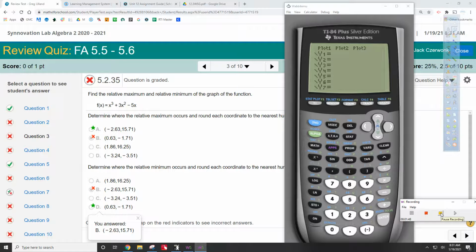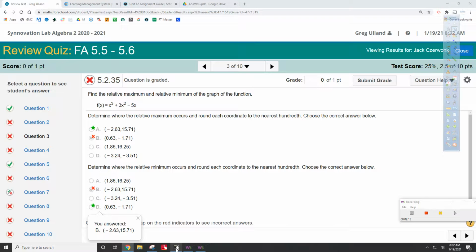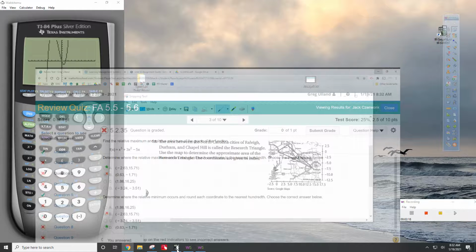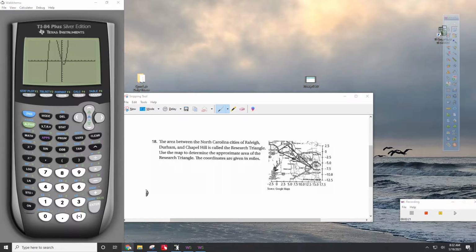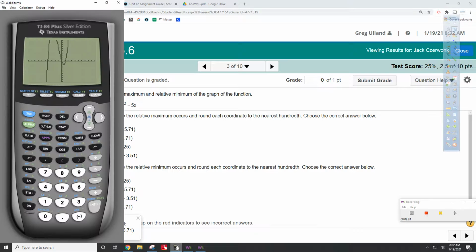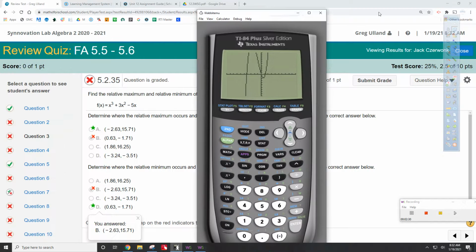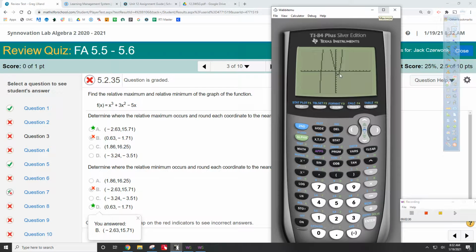Okay, so if you put in y equals x cubed, so x to the 3rd power, plus 3x squared, minus 5x, and you graph it, you see that the maximum appears over here to the left, and the minimum is right here.